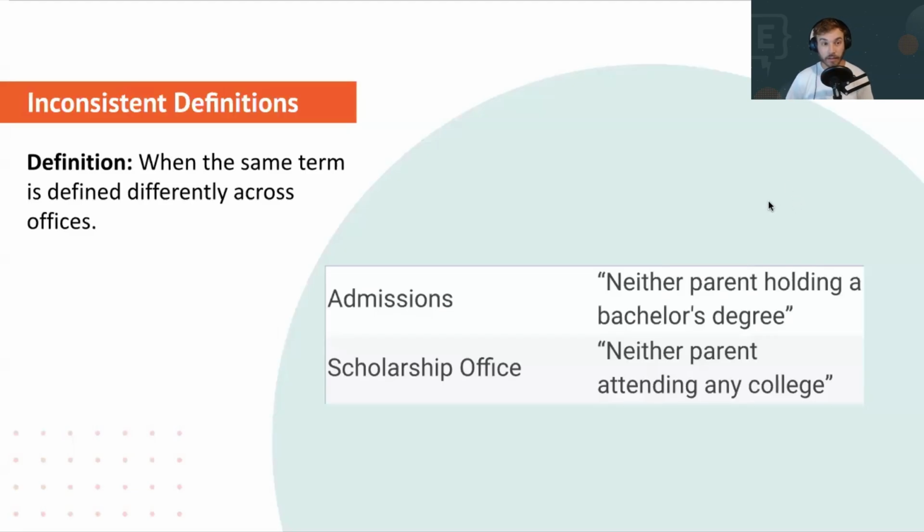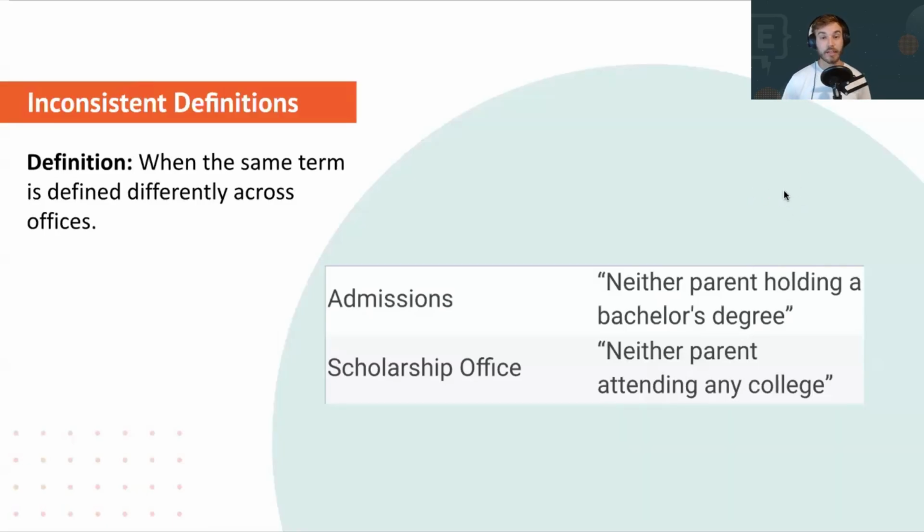But the problem here is that different offices around campus might operate with different definitions of the concept, right? And this one is also equally tricky because very rarely do you see offices write down their metric definitions. Most of the time, they just exist in people's heads or exist in the interpretation of the report that they make every year or they get every year.